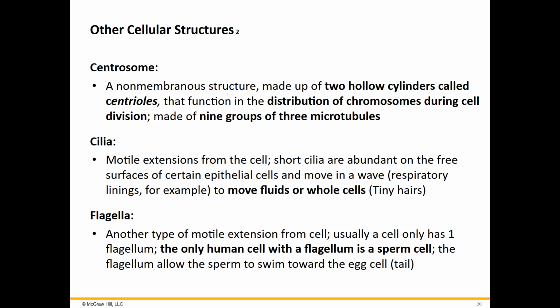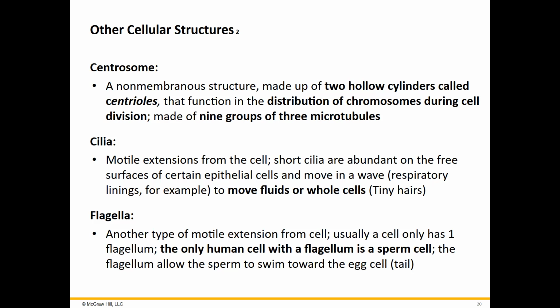It's not super important that you know it's made up of 9 groups of microtubules, but a centrosome will have two centrioles, and those centrioles will spit out microtubules like a web that will basically pull the chromosomes where they need to go. So they're kind of the taxi service, okay?